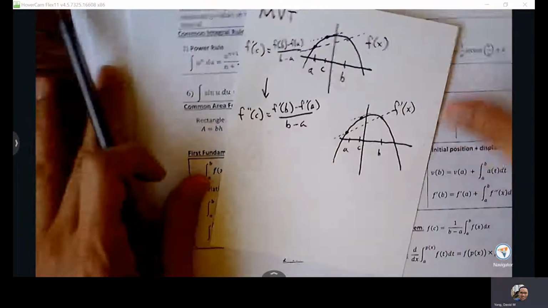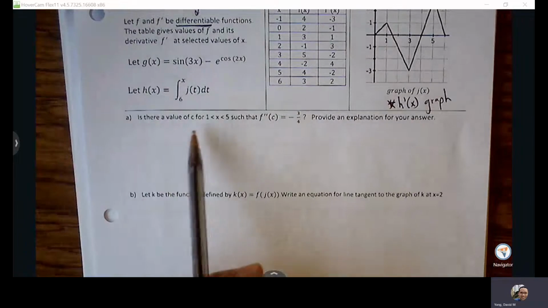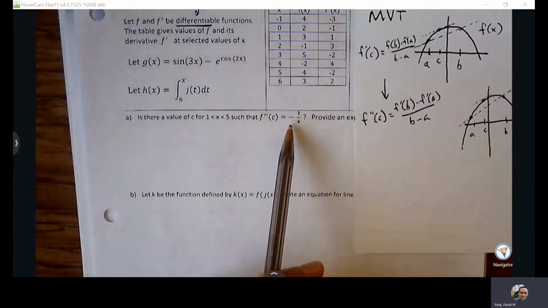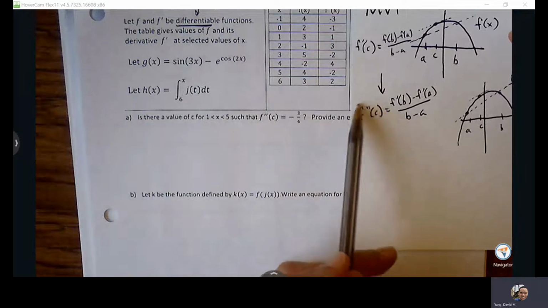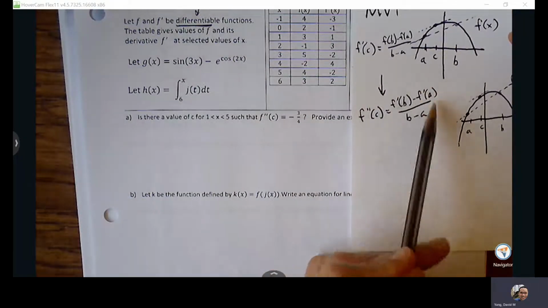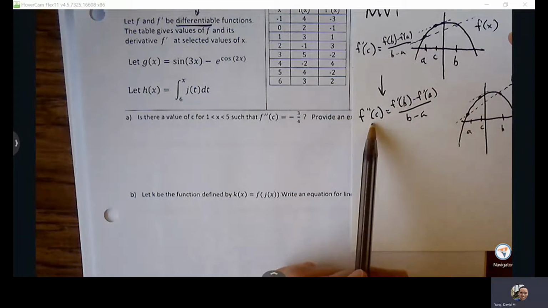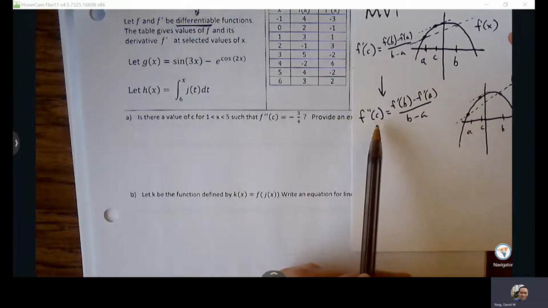Okay, so we're going to take this concept and apply it for part A. Part A says, is there a value between 1 and 5 such that f double prime is equal to -3/4? Well, if I want to guarantee a slope of -3/4, if I can get that slope to show up between the endpoints, then I can guarantee that slope to exist, or that value to exist.